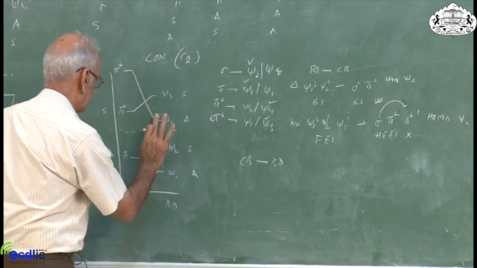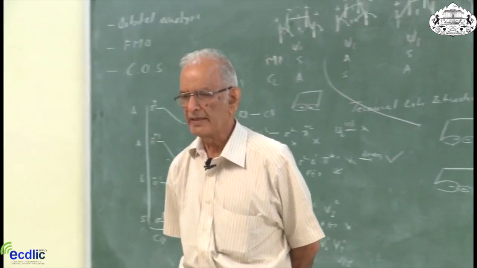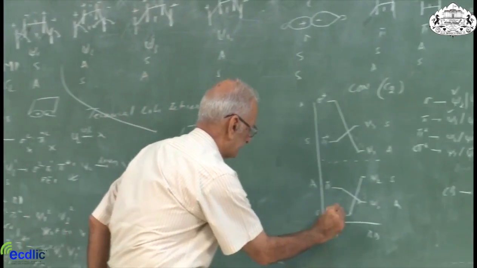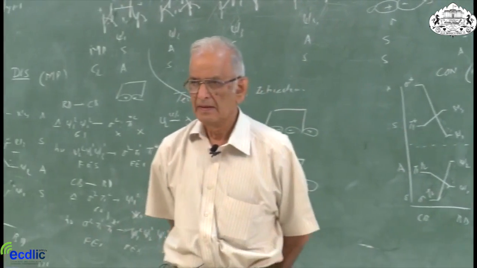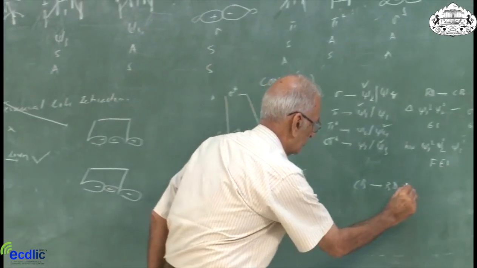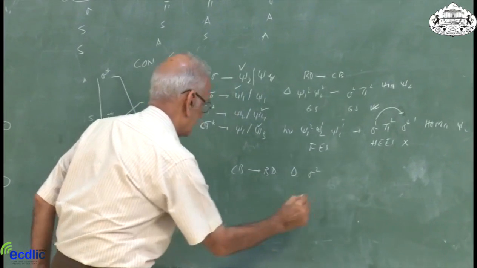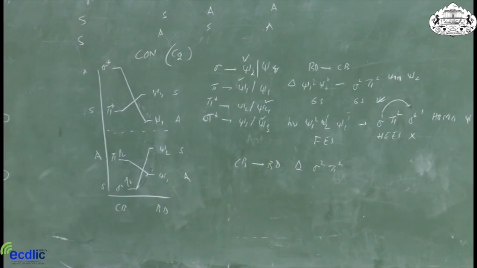Okay. So, we now look at the cyclobutene to butadiene. Where will these electrons go? Your thermal reaction, 2 electrons in sigma, 2 electrons in pi.